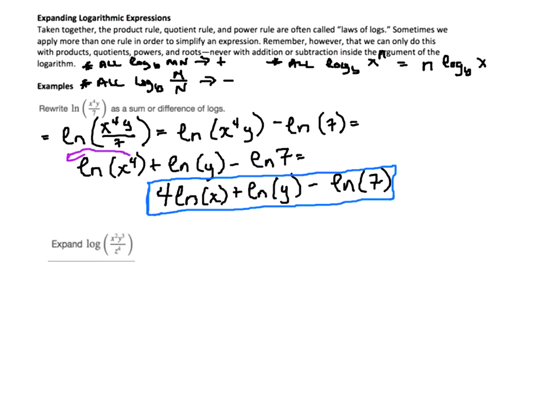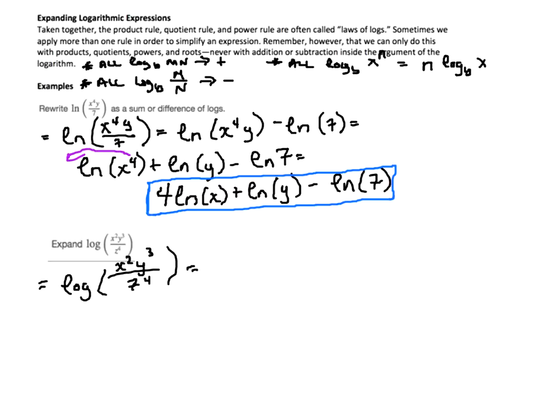Going to do the same thing with this next one. I start with log of, and that's common log, so understood base 10, x squared y cubed over z to the 4th.